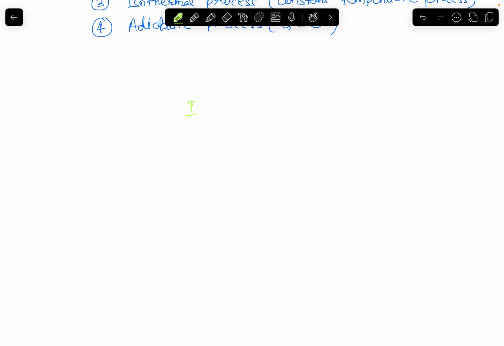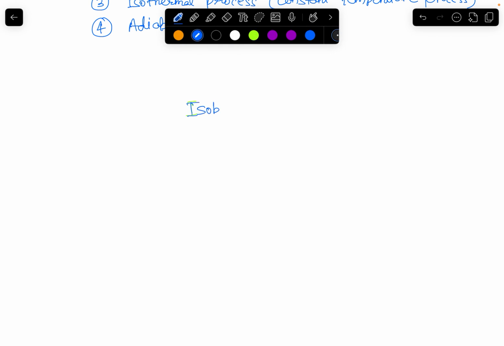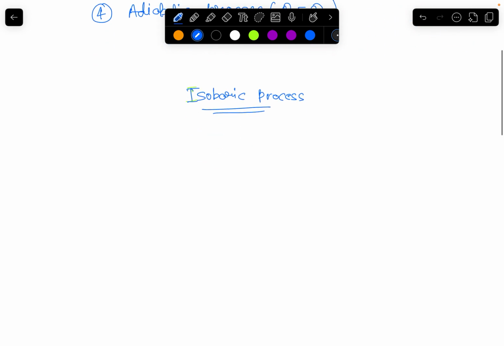So here, isobaric. And see, here it is for an ideal gas, so you can write the ideal gas equation PV equal to nRT. In an isobaric process, basically the pressure is constant.